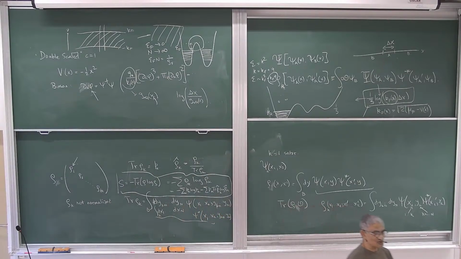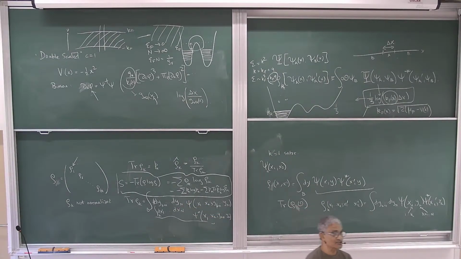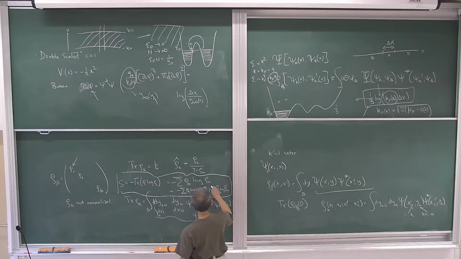This entropy has two pieces to it. The first piece is a classical piece called the Shannon entropy. It just calculates for you the entropy associated with a certain probability distribution, which is given by this pKs. The second part is what in the literature is called a distillable entanglement.